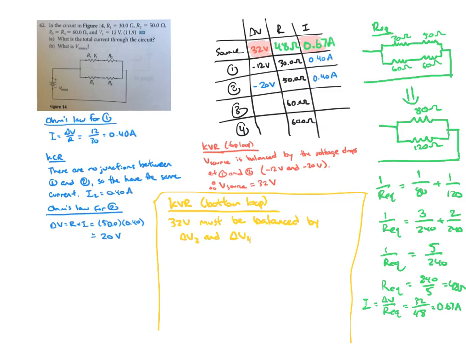All right, so I'm going to say since 3 and 4 have the same resistance and the same current, it's important that it's both that are the same. So they have the same resistance because it says they're both 60 ohms each. And they have the same current because they're in the same pathway.